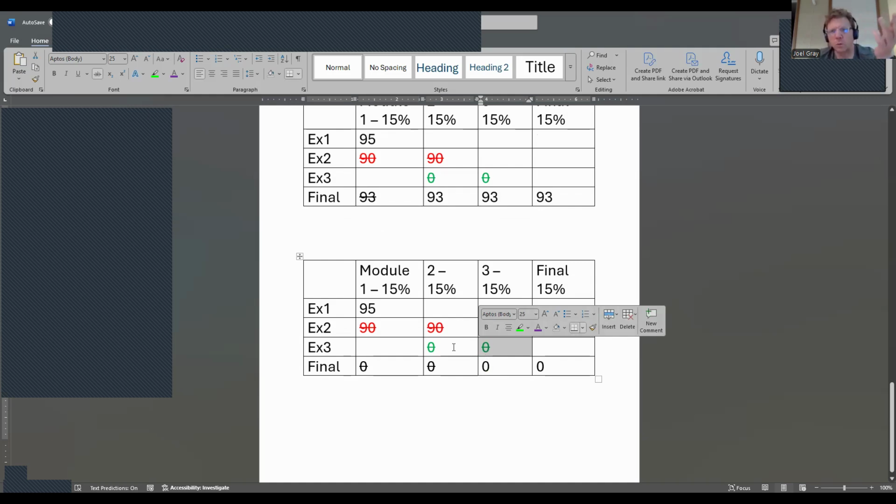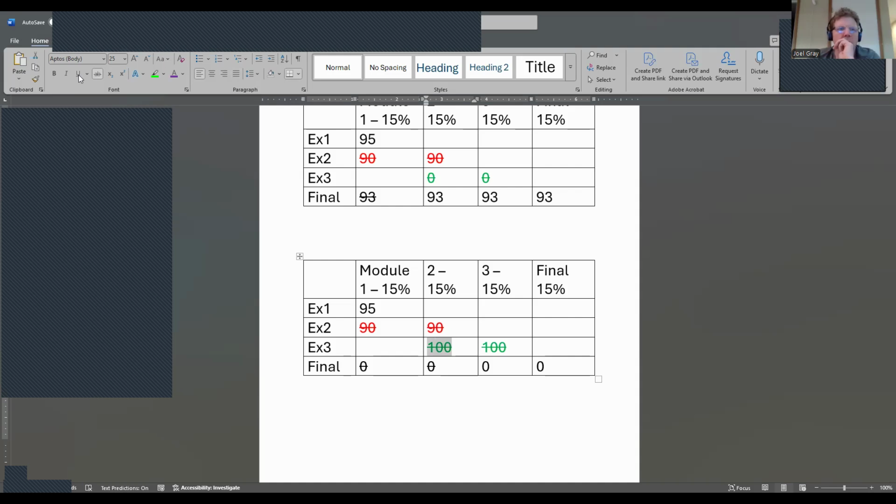Now, if somebody did really well going into the final, let's say they had a 90, let's say a 100, that would be not crossed out. And they skipped the final, well, their final is going to be worth 15% of their grade.